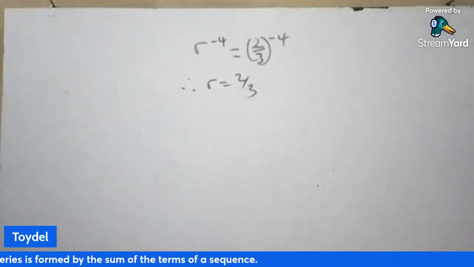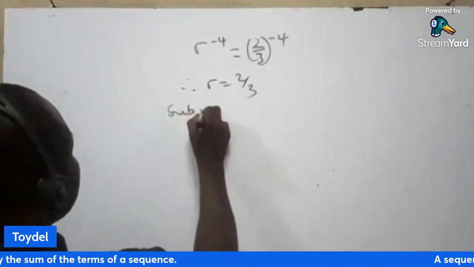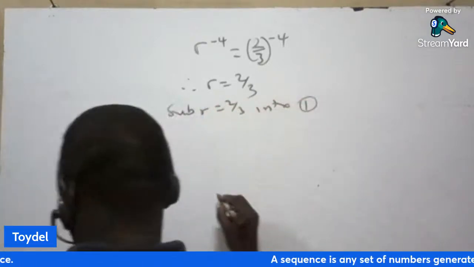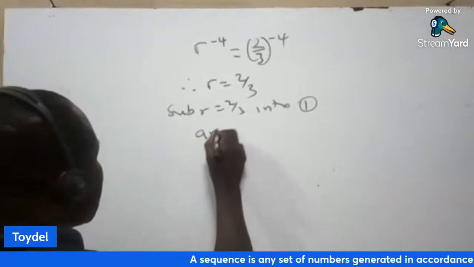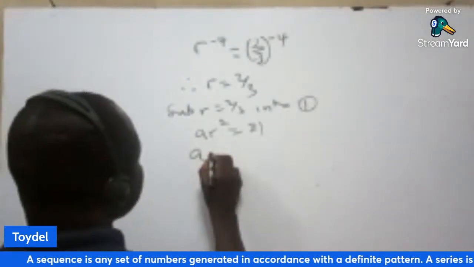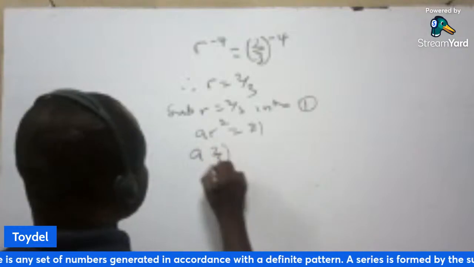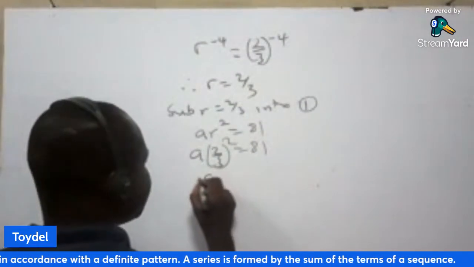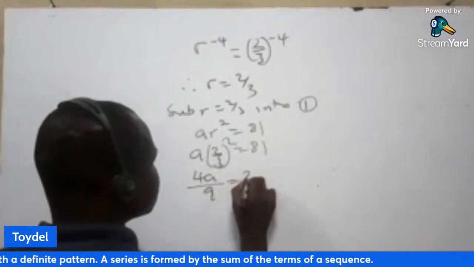So we know R. Then we now substitute R is equal to 2 over 3 into equation 1. What is equation 1? AR squared is equal to 81. Then here we have A multiplied by 2 all over 3 squared is equal to 81. So we have 4A all over 9 is equal to 81.